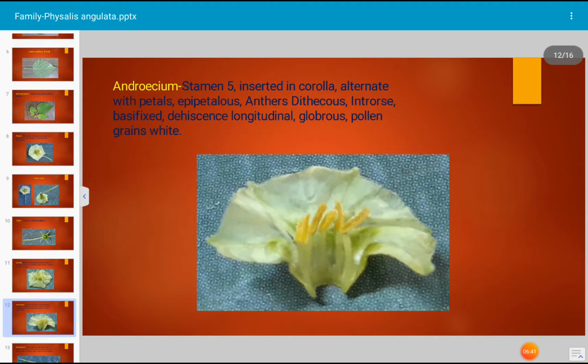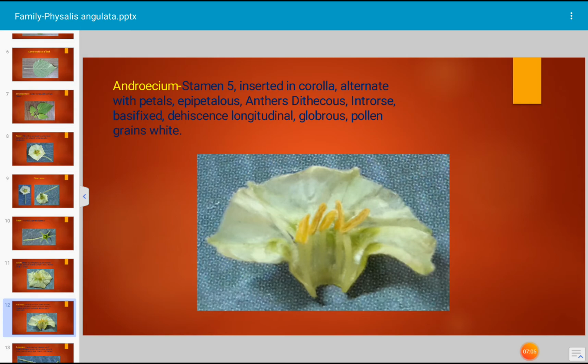This is the androecium. Androecium is the male part of the flower. Androecium consists of stamens, and there are 5 stamens in Physalis angulata, family Solanaceae. Stamens are inserted in the corolla. They are situated alternate to the petals, and epipetalous condition is there.